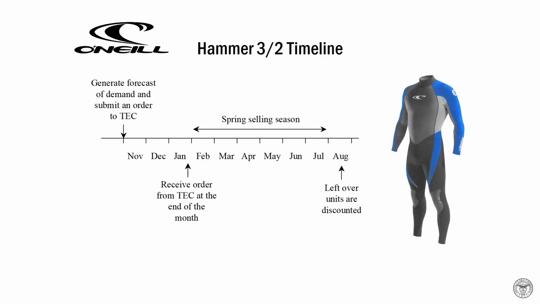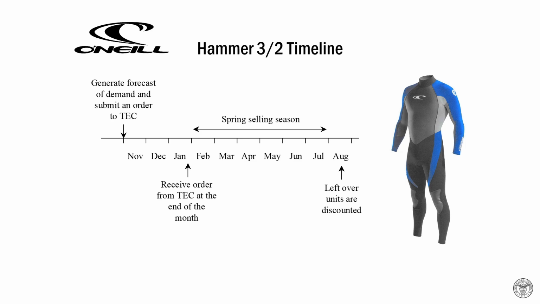Let's examine a practical implementation of the Newsvendor model, focusing on the case of Hammer and their 3/2 swimming suit. Hammer, in its planning phase, generates a forecast for demand and submits an order to TEC company at the beginning of November.